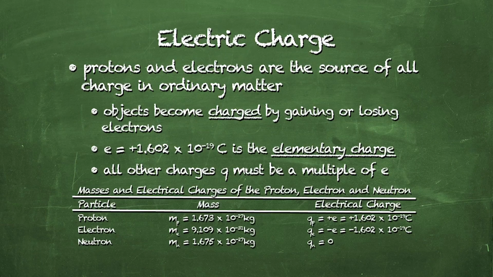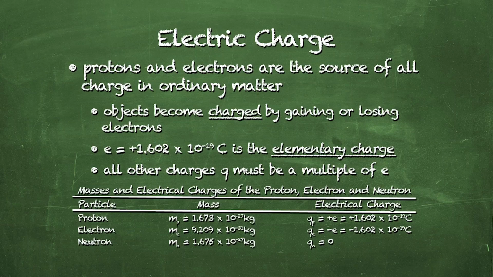Every electron has a charge of minus 1e. And all other objects become charged by either gaining or losing electrons or possibly protons. But the important thing is that the charge of any object must be a multiple of the elementary charge.